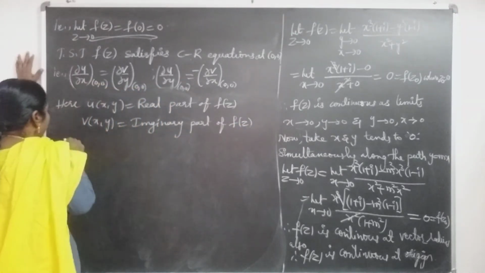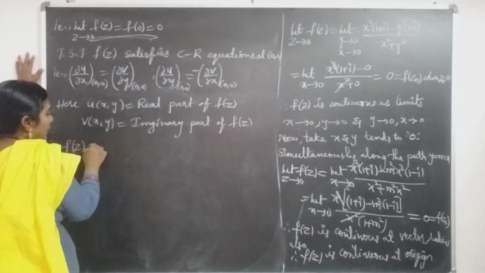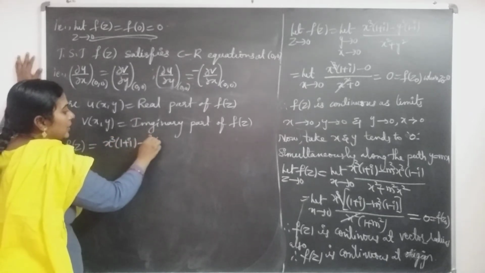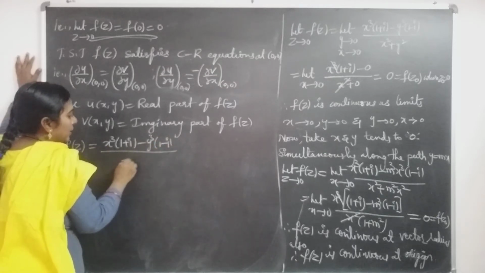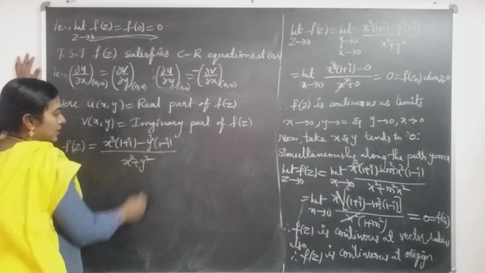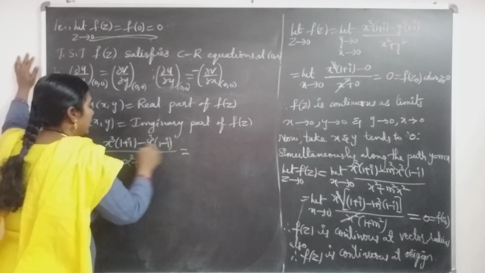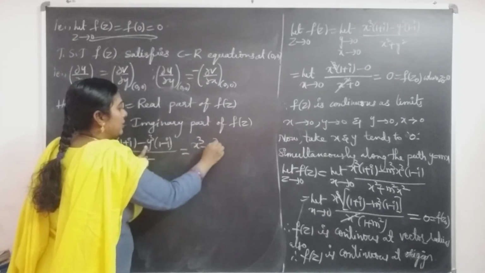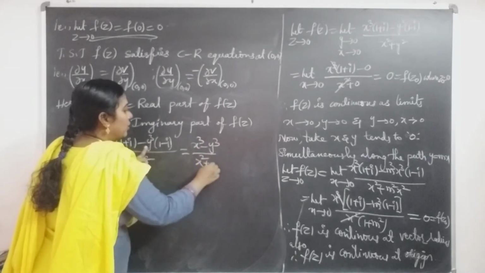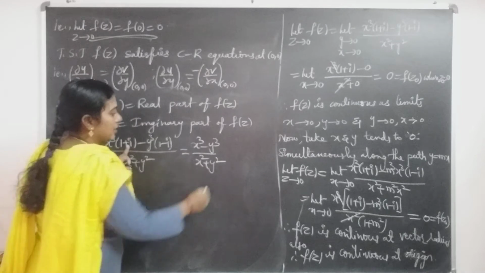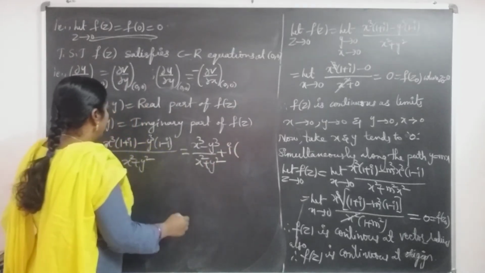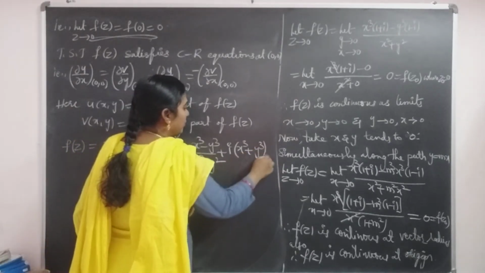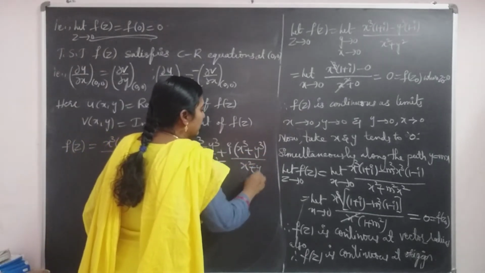First we can take f of z, that is x cube into 1 plus i minus y cube into 1 minus i by x square plus y square. Here first write the real part, that is x cube minus y cube by, write the denominator separately. Next plus i, taking common, x cube plus y cube by x square plus y square.